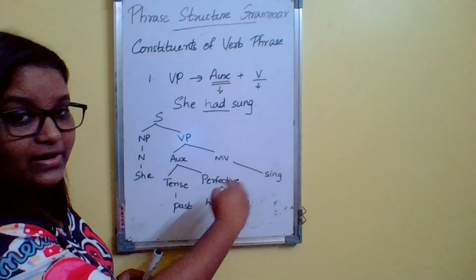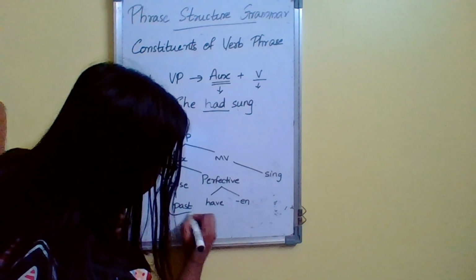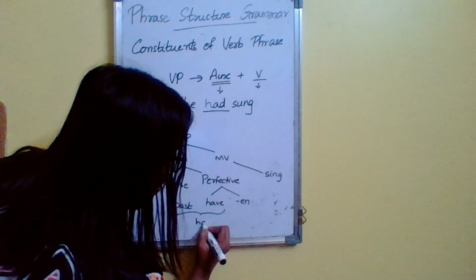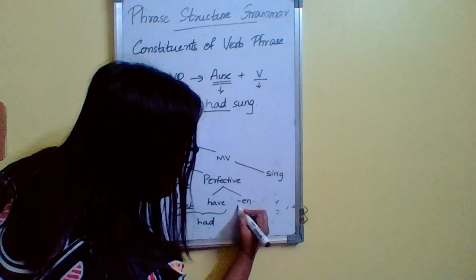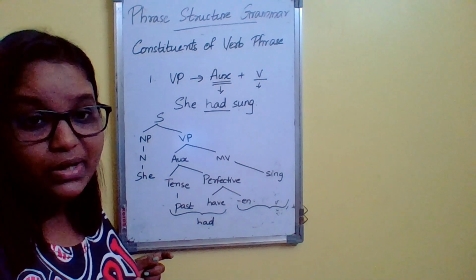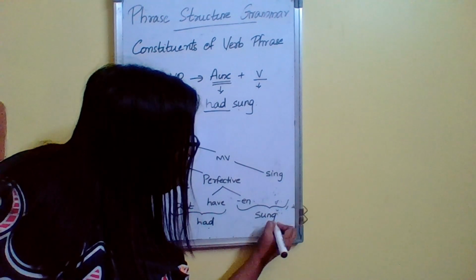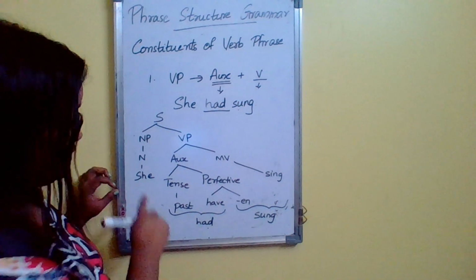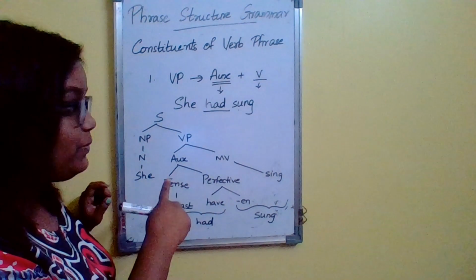Now let us write this sentence together. She, past of have is had. And en plus sing. That means past participle of sing is sung. Okay, so she had sung. So I hope you get this.